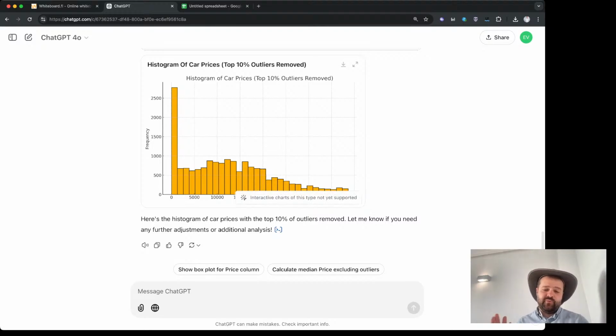So if you know these kinds of options that you have for data visualization and data processing, you can use them and clean up your data and make sure that you have high quality results.